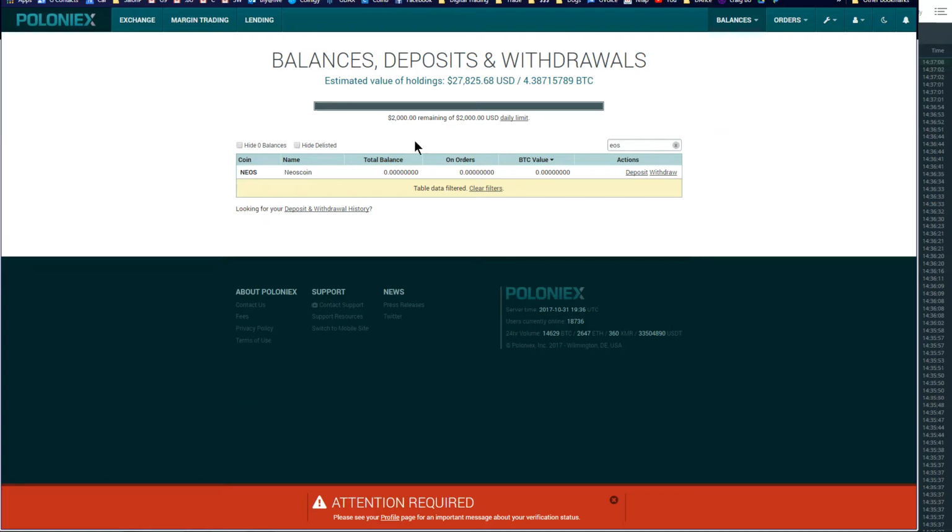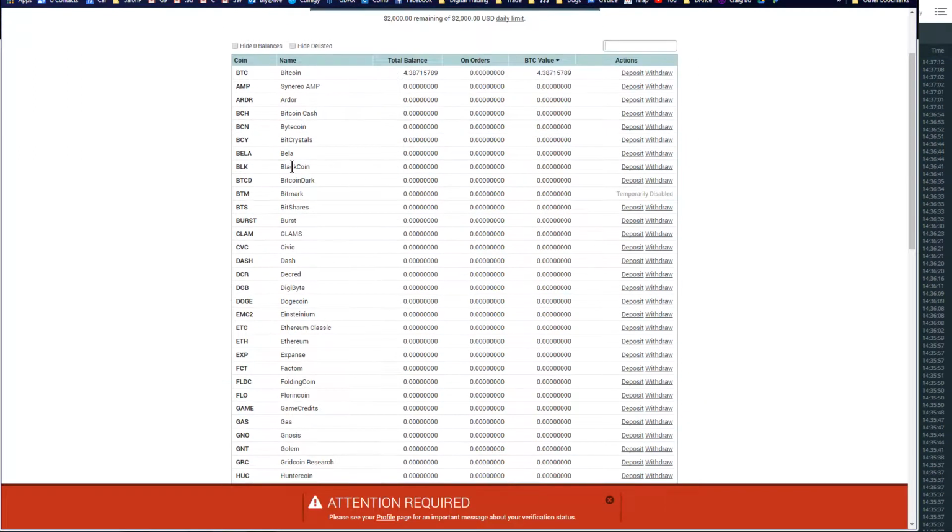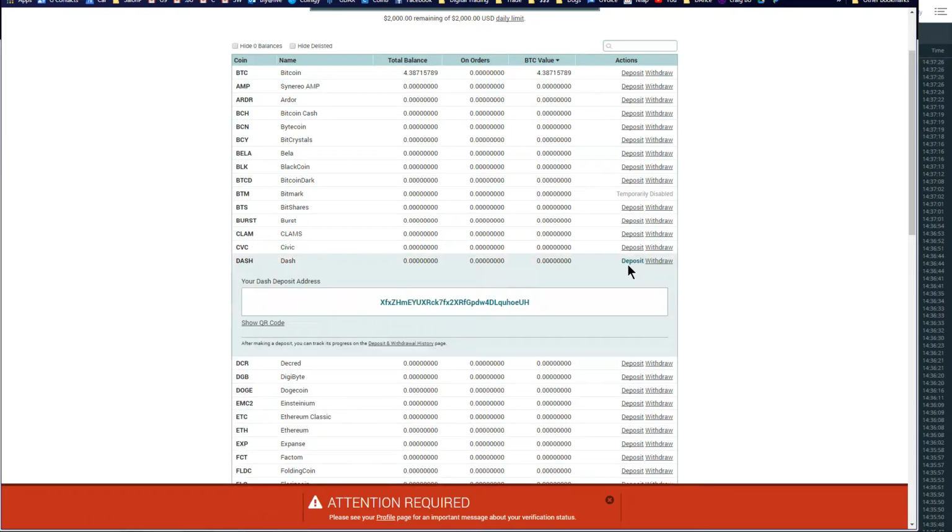Anyway, if you want to move any of your tokens over to Poloniex so you can trade them for a different token or Ethereum or Bitcoin, then you would take your Dash and go over here to deposit. It gives you an address just for Dash.